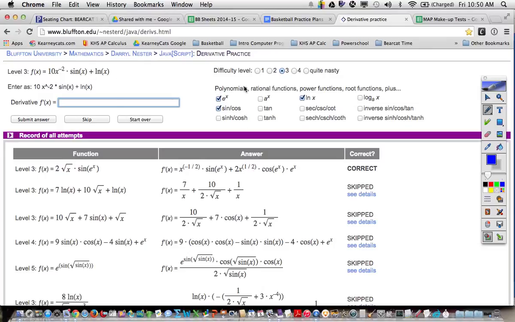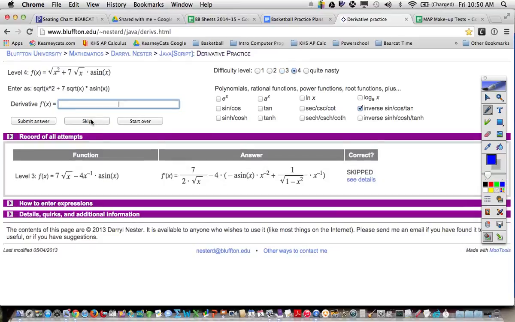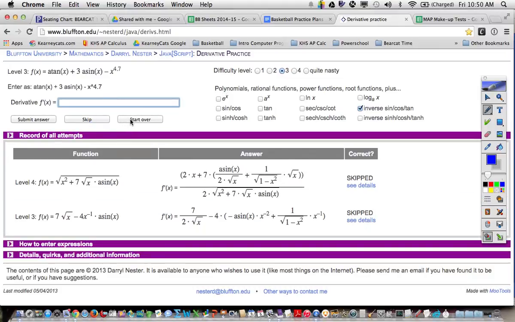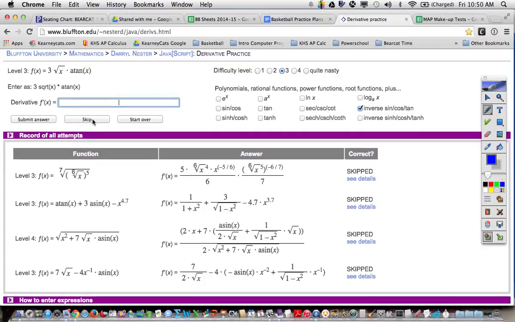Okay, now let's uncheck some of these, and let's say we want to work on an inverse sine cosine one. So there you go. Oh, that's too easy. That's not hard enough. That's not an inverse trigonometry.